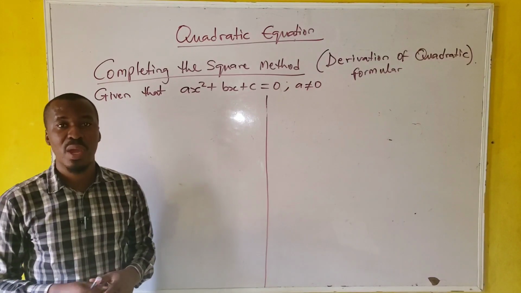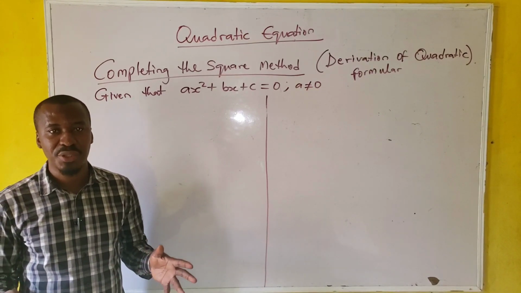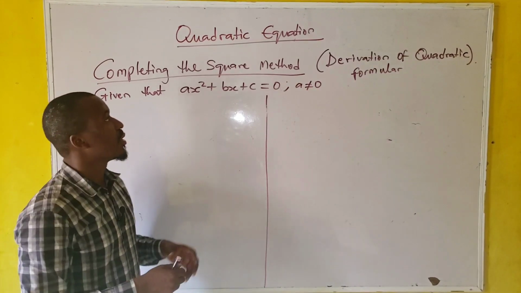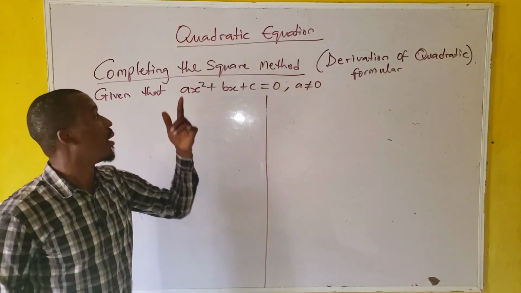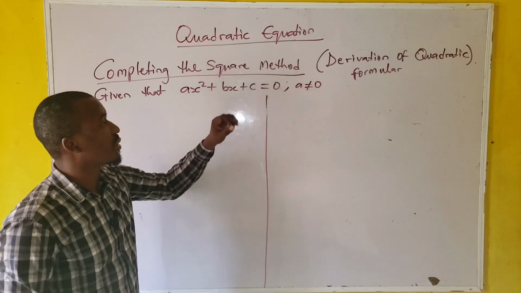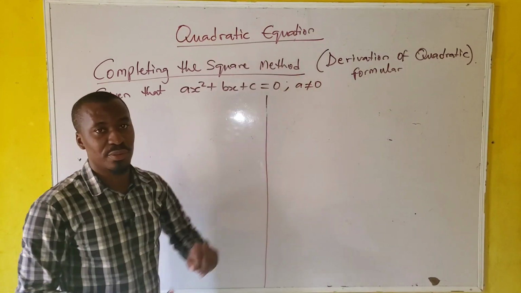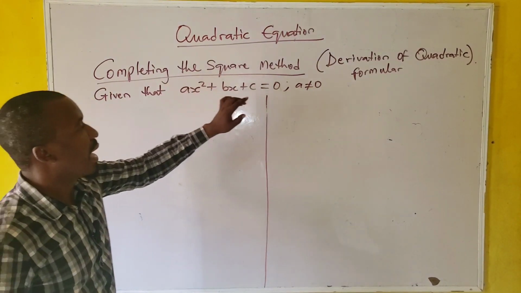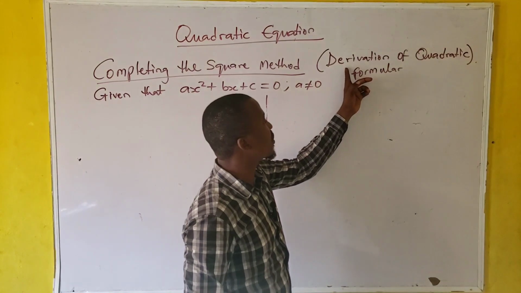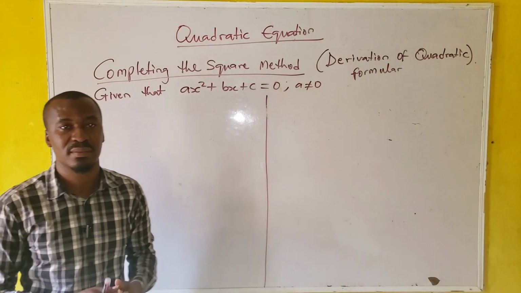Okay, this is a channel where we treat mathematics topics like our traditional classes. So today's class we are dealing with the completing the square method, which is the second method in solving a quadratic equation. Now, the completing the square method and the steps of deriving the quadratic formula are actually the same thing.